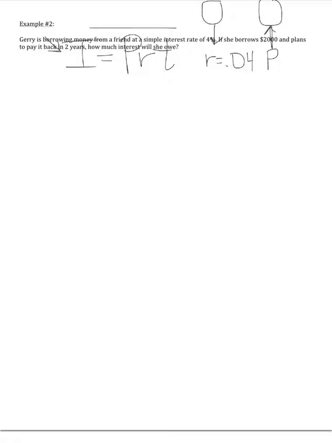And then she needs to pay it back in 2 years, so that would be our T for time. So substituting all of these into our equation, we would start with I equals 2,000 times 0.04 times 2.